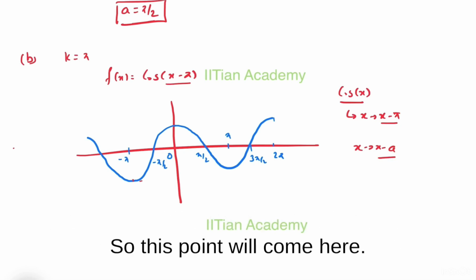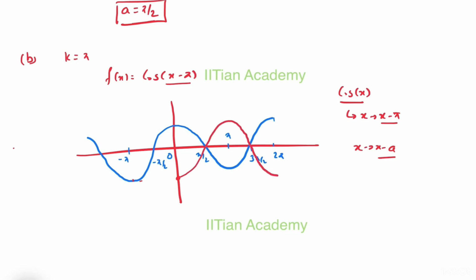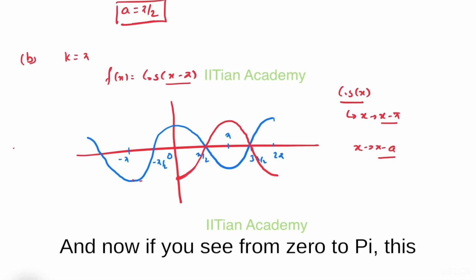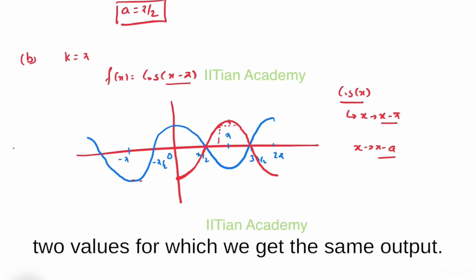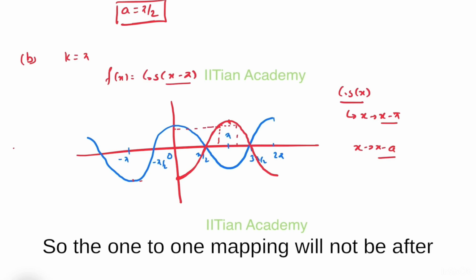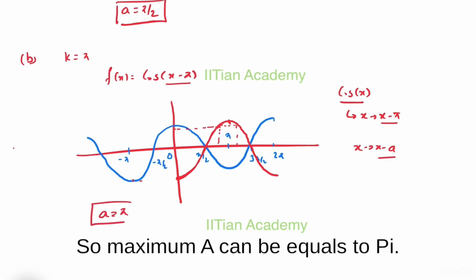So this point will come here, and this graph will become something like this. Now if you see, from 0 to pi this graph can be inversed, but after that there will be two values for which we get the same output. So the one-to-one mapping will not be there after pi, but it will be there up to pi. So maximum a can be equal to pi.